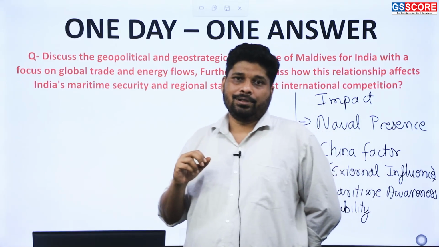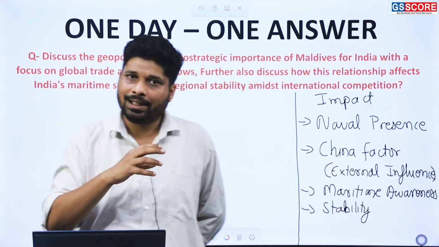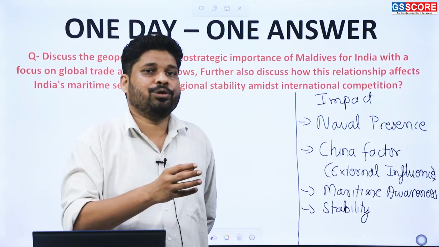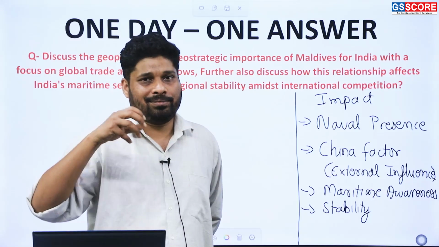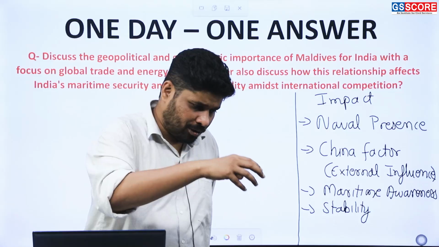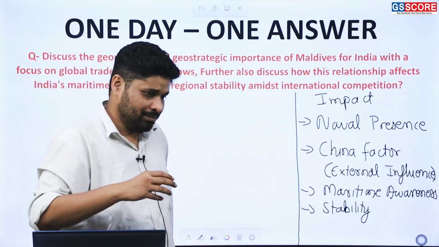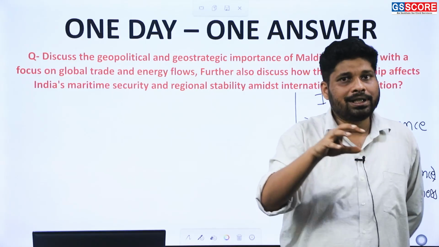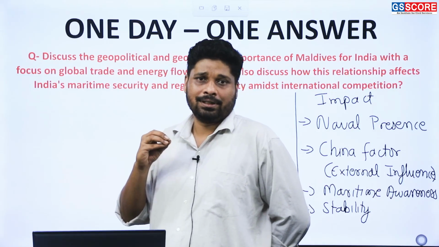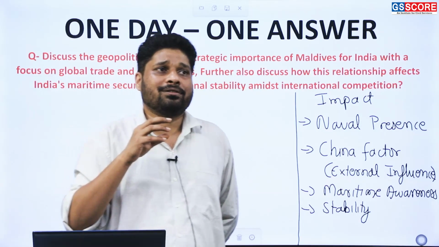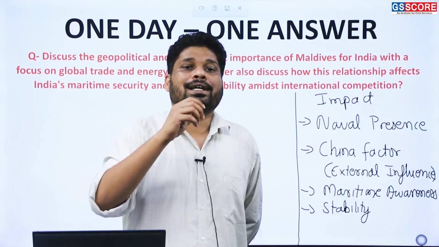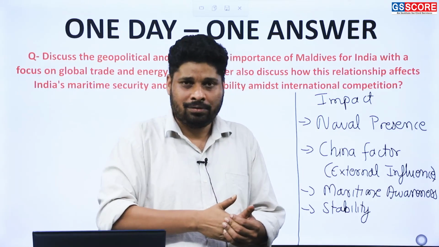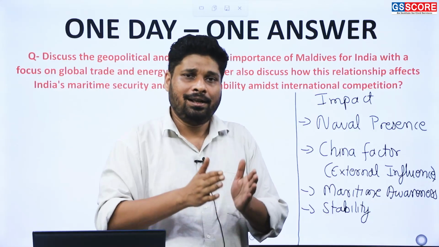Instability in Maldives, and it has been seen in the past also, may have a domino effect over the island countries of the region, and this instability will lead to external factors getting included in domestic politics of Maldives, having more cascading effects, and therefore troubling the regional security.